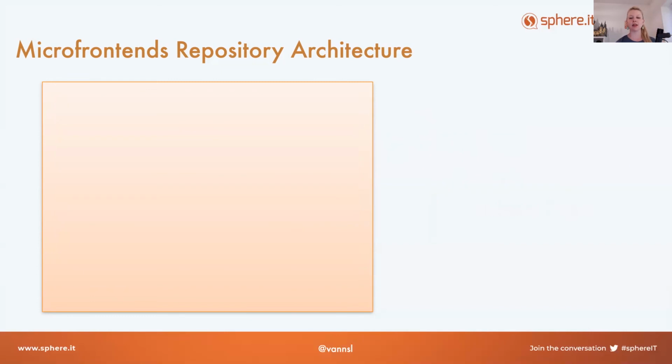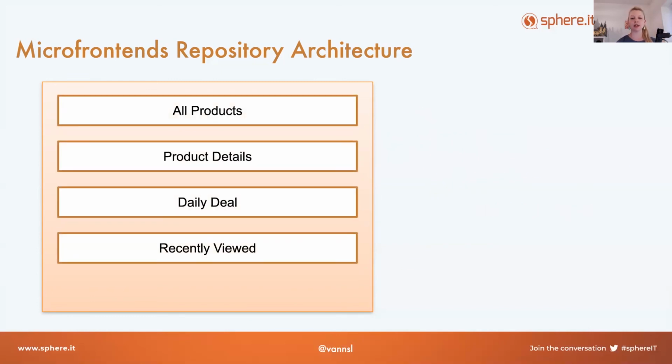As an example, you can have here your products business logic repository, including micro frontends for all products, like a category overview or a search page. You have your product details page, and then you have things like your daily deal. It could also be related to marketing, but it's a daily deal about the product. And you have things like recently viewed for the products.